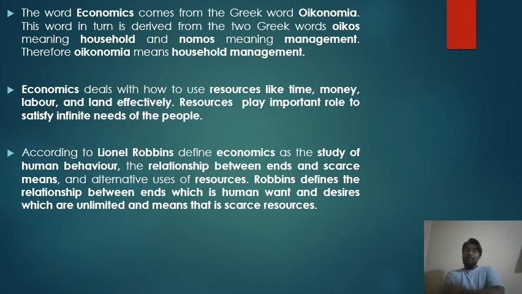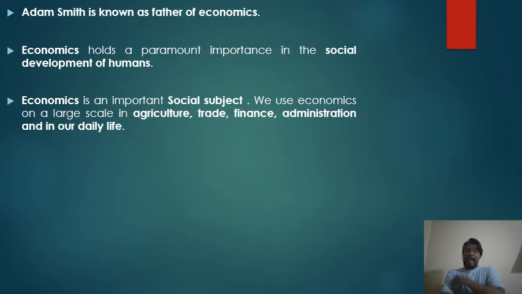So according to Robbins, economics is the study of human behavior, the relationship between ends and scarce means, the scarcity, how he uses resources, how he manages his family income and his expenditure, his spending pattern, as desires are unlimited and resources are limited. Adam Smith is known as the father of economics.